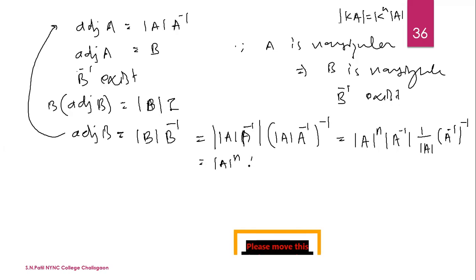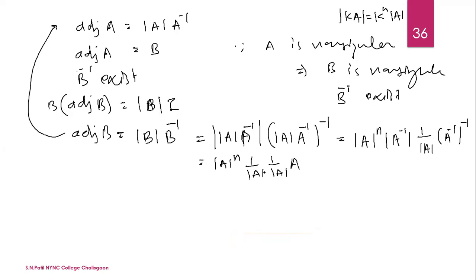This is what? 1 upon determinant. Here already 1 upon determinant. Here A raised to minus 1 raised to minus 1 is A, only A. Now here the determinant base is the same, so the powers combine: determinant raised to n, and this 2 becomes minus 2 in the numerator.